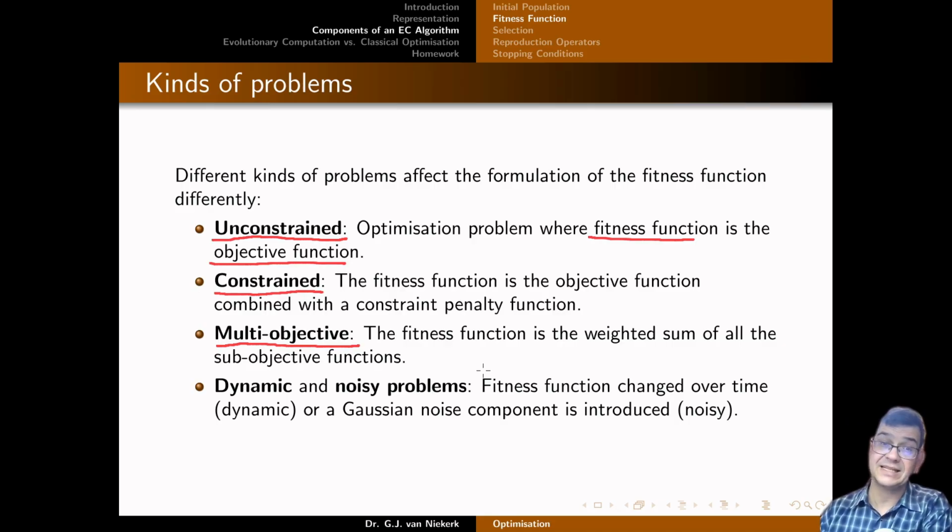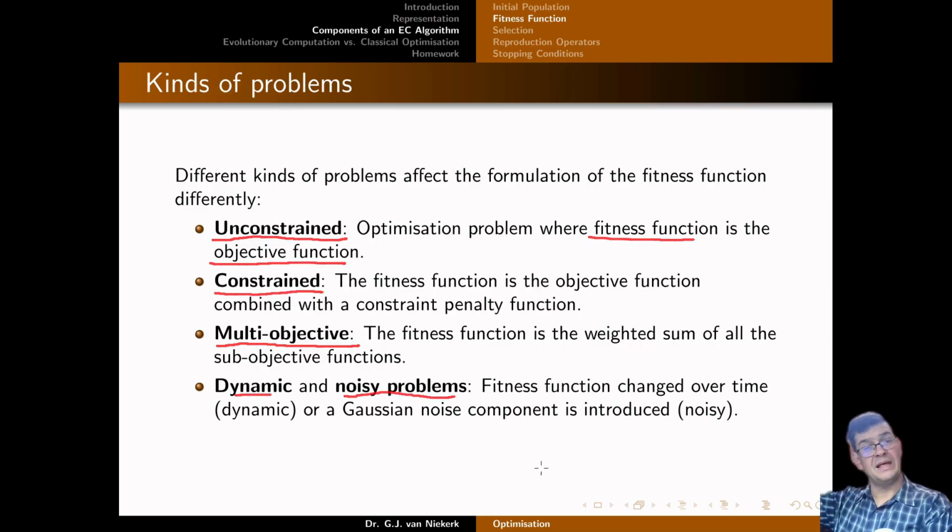Another example of that is a timetable. With a timetable, you don't want, for example, clashes to occur, but then there are certain things like making more of the lectures in the morning, and making sure there are large enough spreads between where certain periods are scheduled, and so forth. So that's a multi-objective function. And then lastly, one area where EAs totally shine is in dynamic or noisy problems.